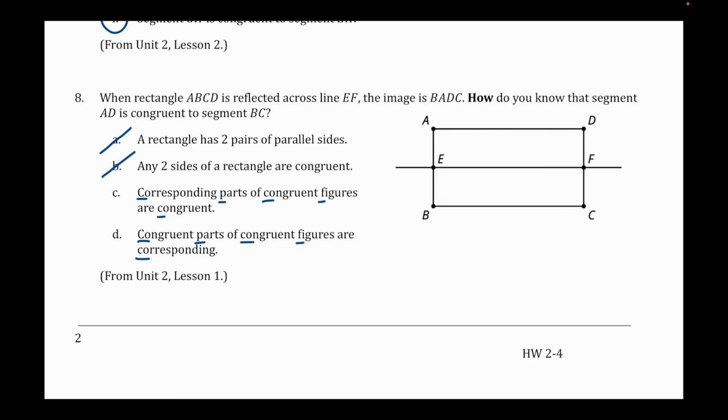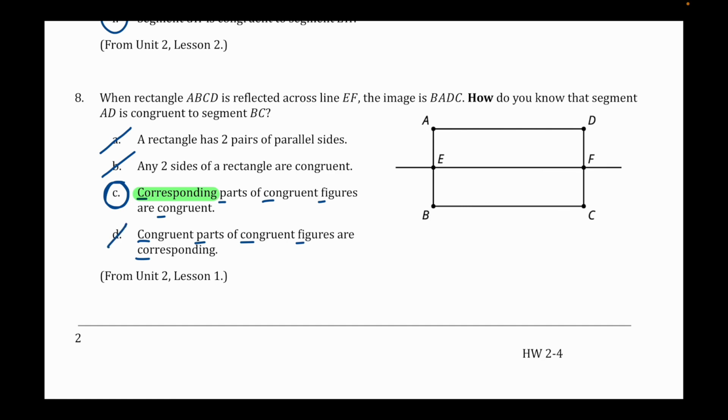So we need to start with corresponding. So our answer is actually going to be C, because it is important that we indicate these are corresponding first. So corresponding parts of your congruent figures are congruent, which is the difference here.